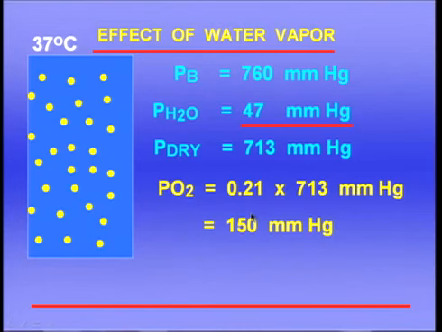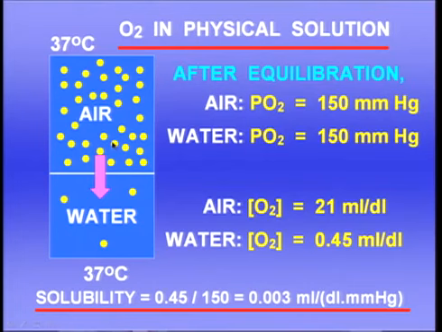gas. Now let's look a little bit further at the effects of dissolving the gases in liquids. On the left here we have a cartoon showing moist inspired air at 37 degrees C with a PO2, as we've seen, of 150 millimeters of mercury. We allow that air to become equilibrated with water below it.